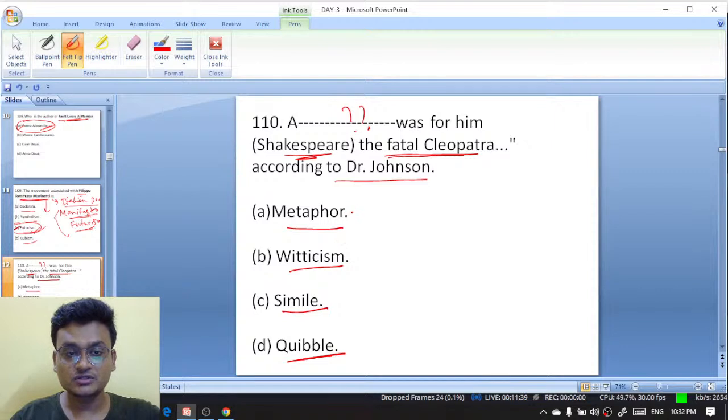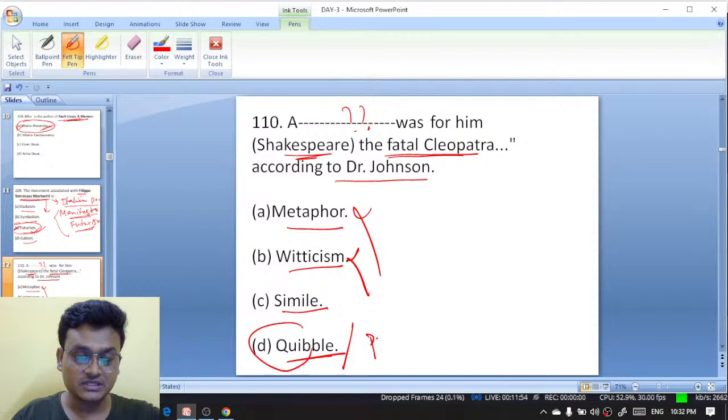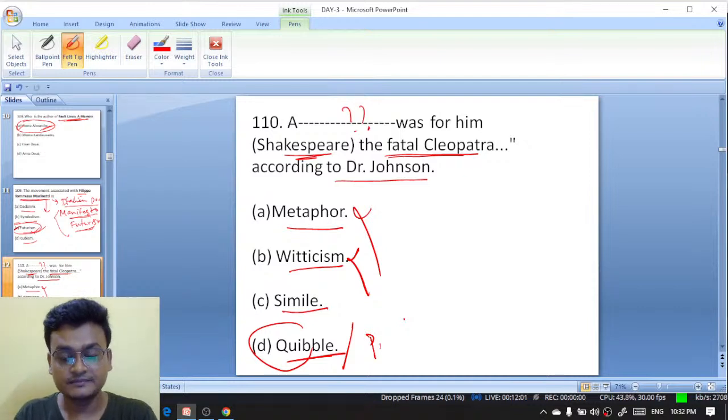Let me erase this option. Now tell me between C and D. Exactly, Aki. It is quibble. Quibble means a pun. So quibble is the right answer here.